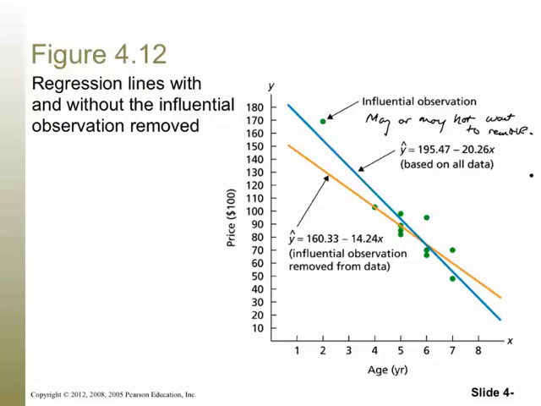Now, there's another thing called an outlier. Suppose we recorded all the data, put it into the computer, and ended up with this point 2, 230. What probably happened here?